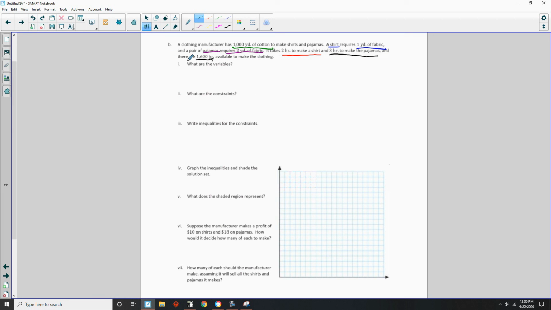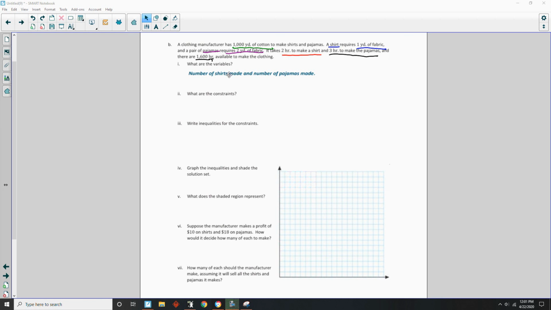What are the variables? The variables are number of shirts made and number of pajamas made. So we can just say S for shirts and P for pajamas, or we could use X and Y. But we'll get to that. It says, what are the constraints?